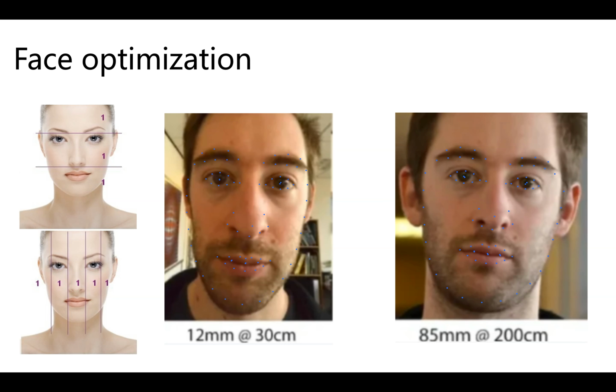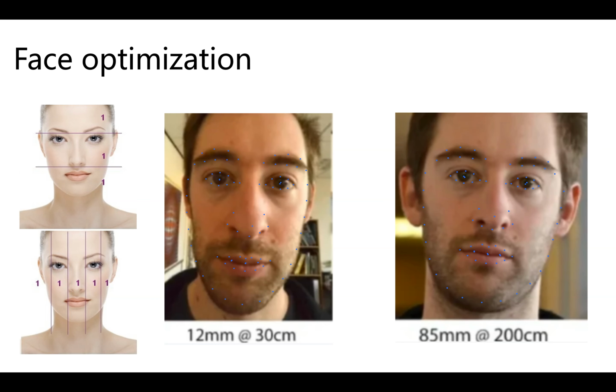And also we can do some face optimization. For the example picture, we can see that if the face follows some ratio, then the face will look better. And if we use different kinds of lenses, the lens with different focus distance, the face will look much different.